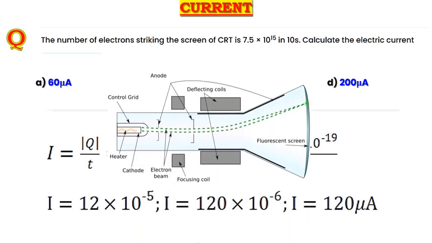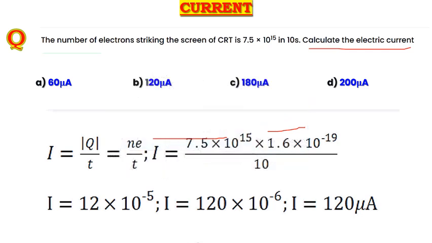Here is the electron gun, which produces a large number of electrons. What we have to calculate is the electric current.